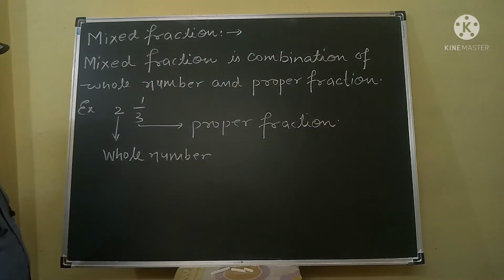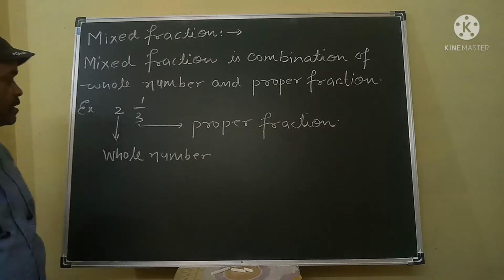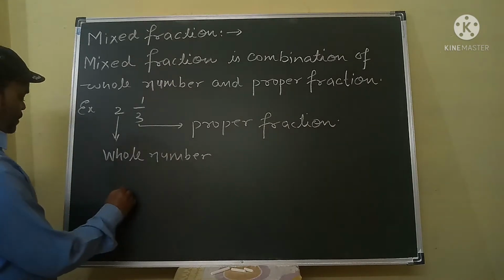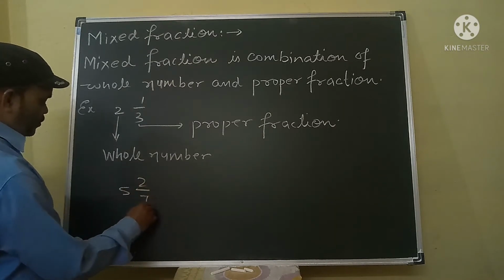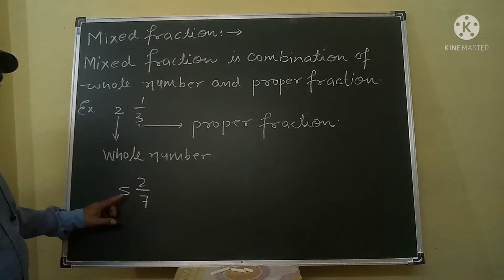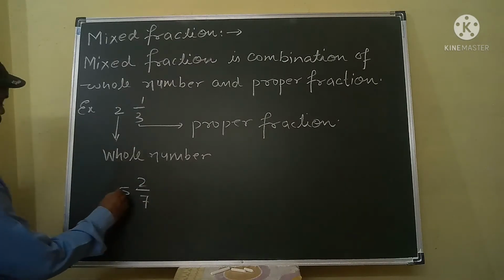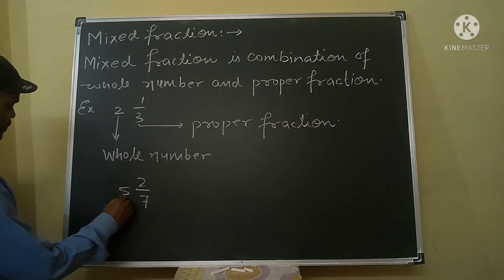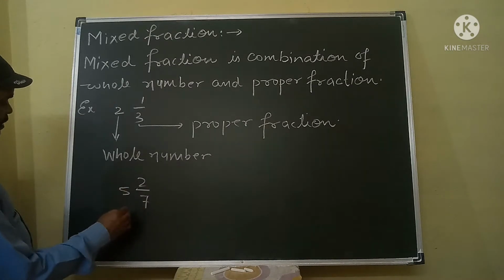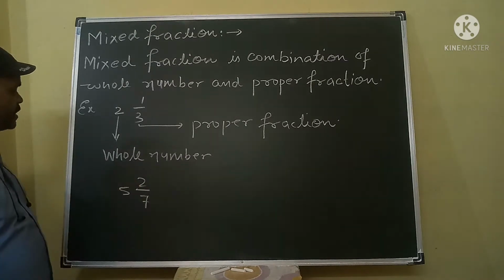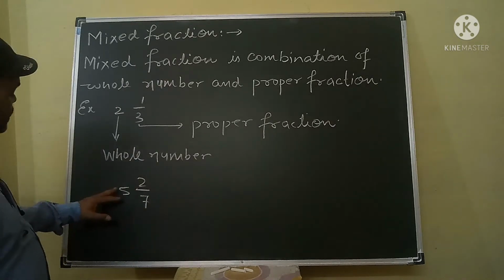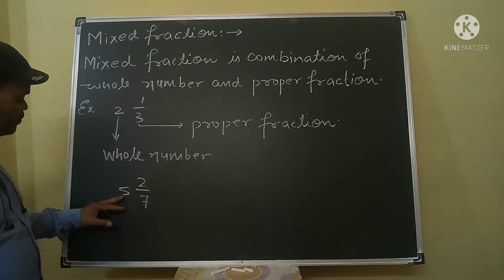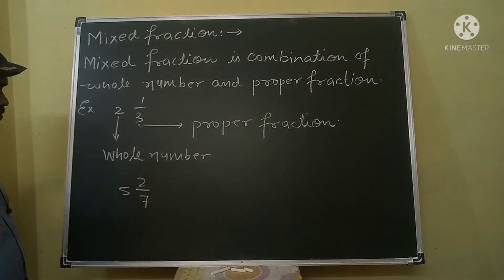So what is the meaning of mixed fraction? A mixed fraction is a combination of a whole number and a proper fraction. Another example is 5 and 2 upon 7. This is a mixed fraction, and a mixed fraction is a combination of a whole number and a proper fraction.